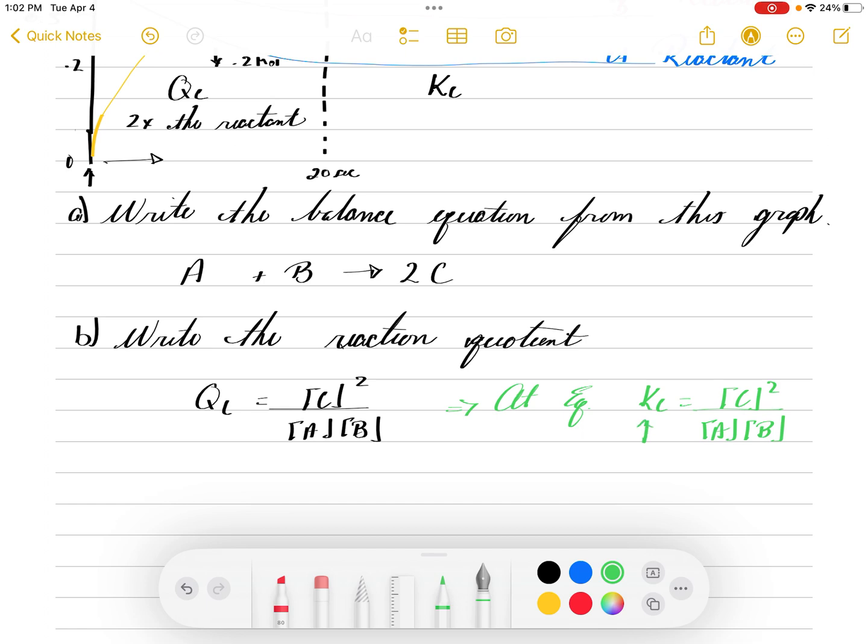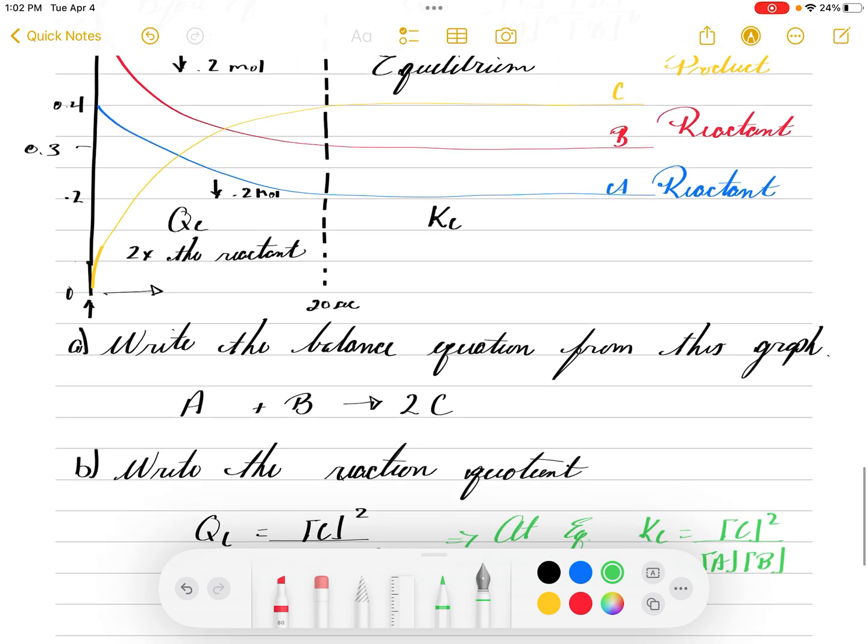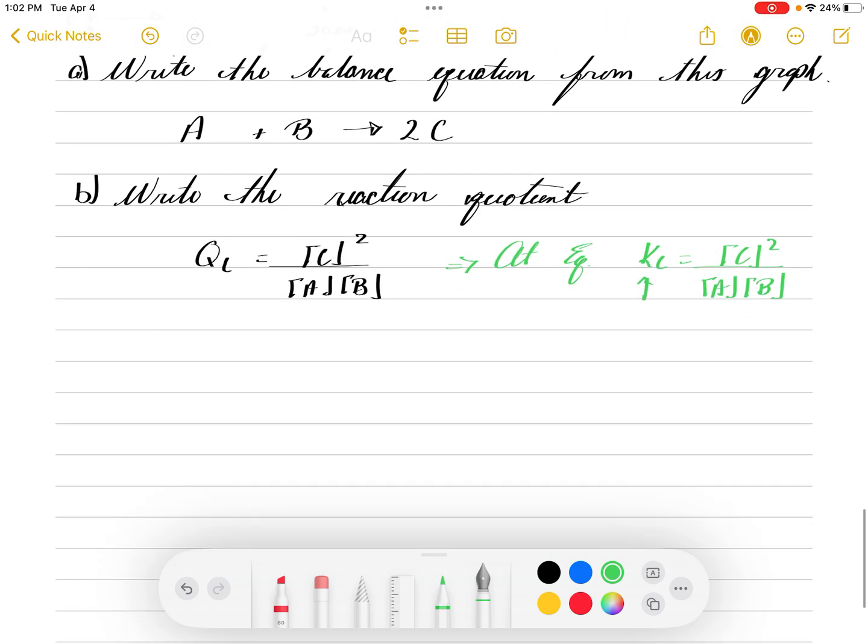All right. Now, when you're writing the reaction quotient or the equilibrium constant, remember that the products are always over the reactants. So let's take a look at an example.